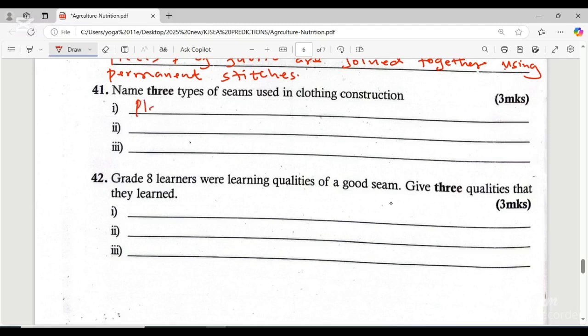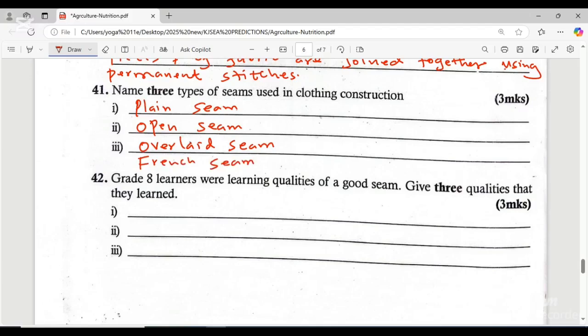We have plain seam, open seam, overlaid seam, French seam, double stitched seam, run and fell seam, so we have many of them. But we mentioned only 3.